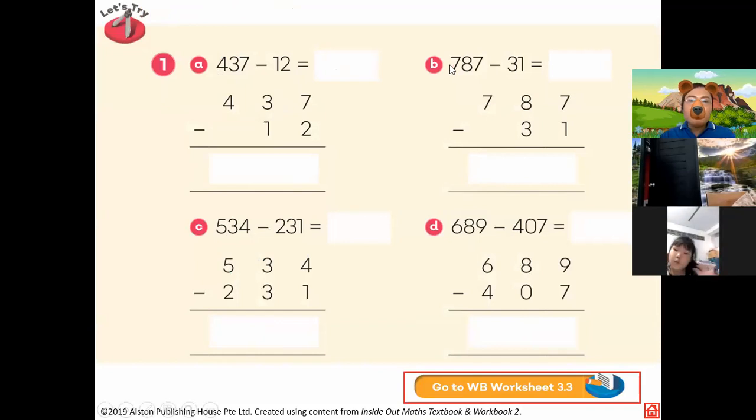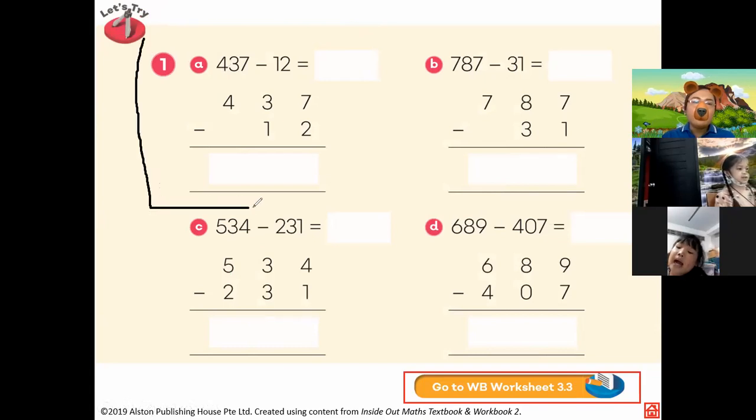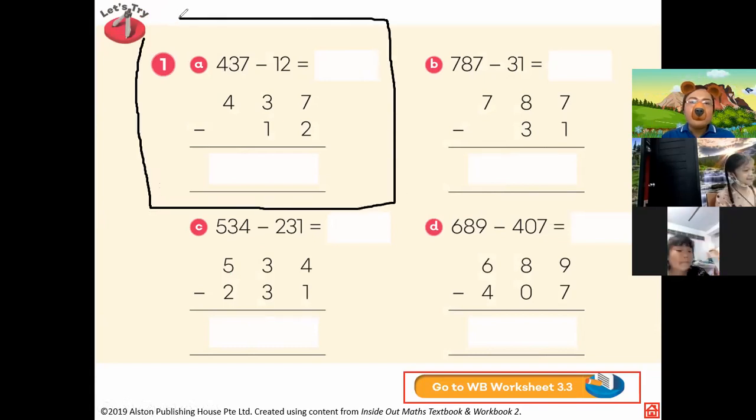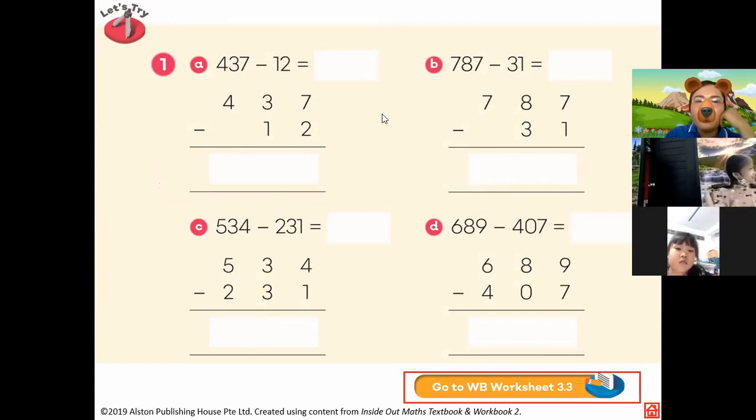Letter A, letter B, letter C, and letter D. Okay, for letter A class, what do you think is the answer? 425. 425, let's see. Very good. What about letter B? 787 minus 31. 756. Very good.